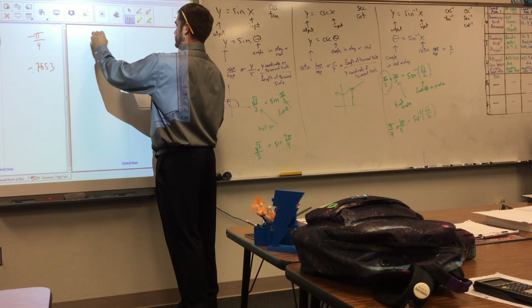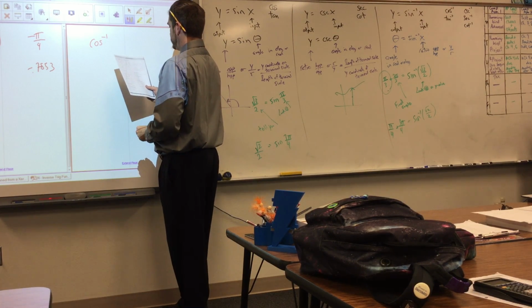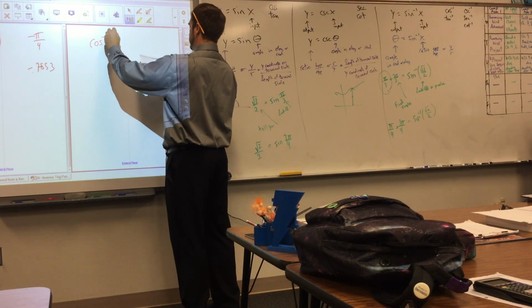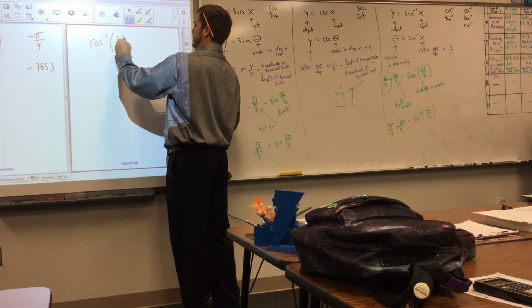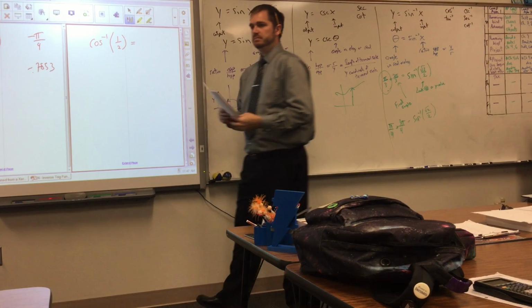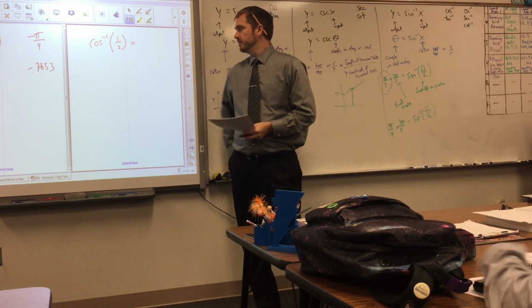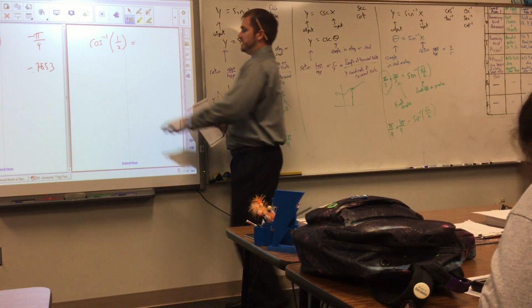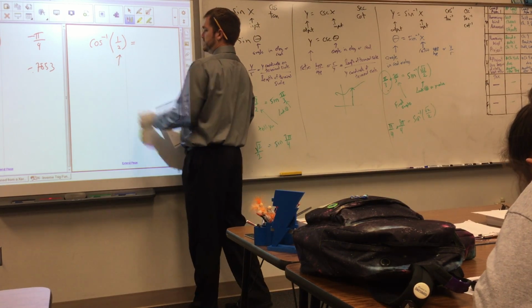What if I said, what is the inverse cosine of 1/2? Okay, fine, we'll do easy. So what does that mean? Now I'm going to label this here because everybody forgets after they do their notes.